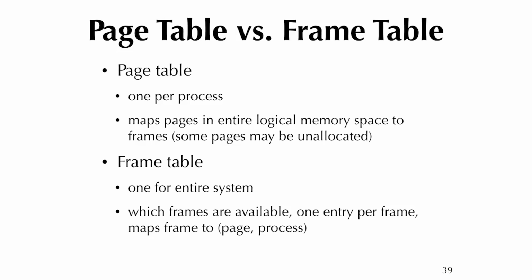It says which frames are available, one entry per frame, and then the frame maps to, minimally, this tuple of what page and what process, right? Because from the process, you know which table to look at, and then the page says which entry of that process's page table you're talking about.